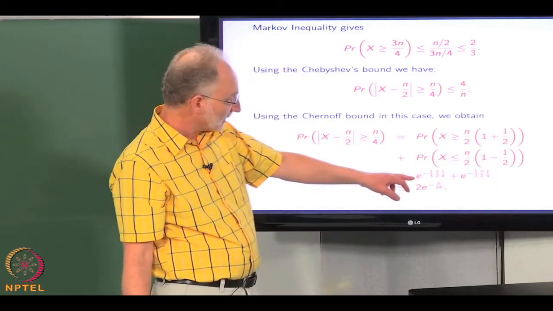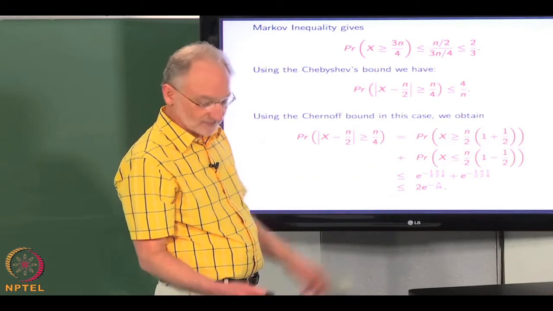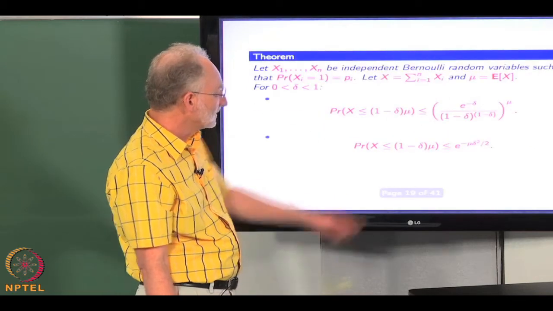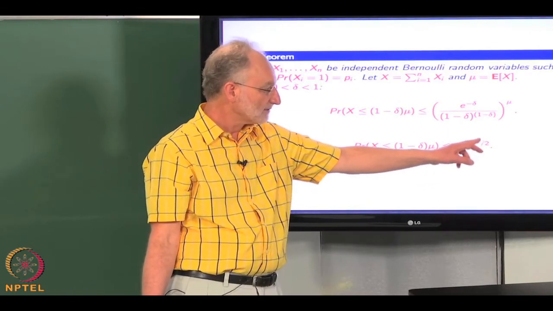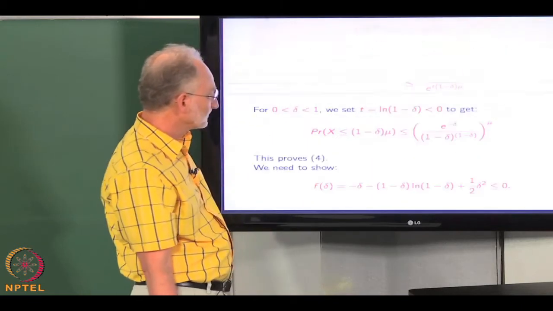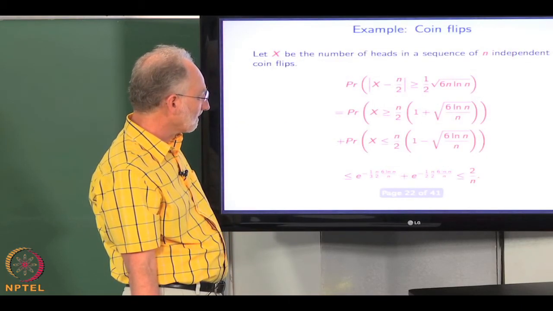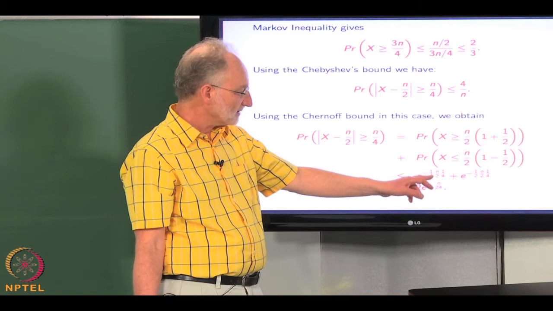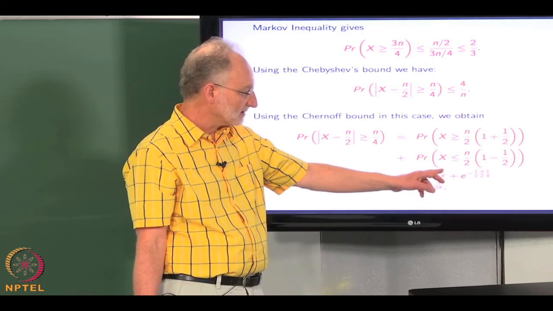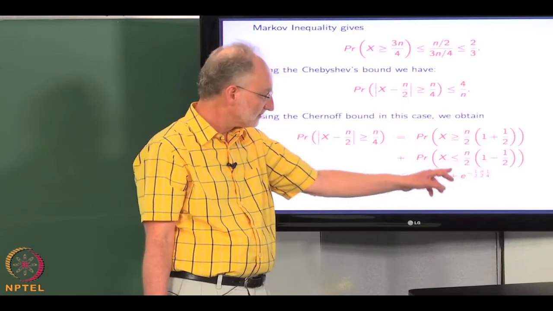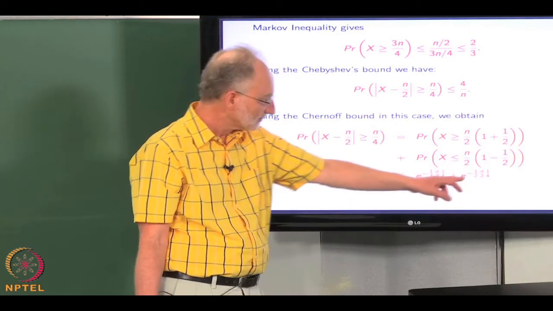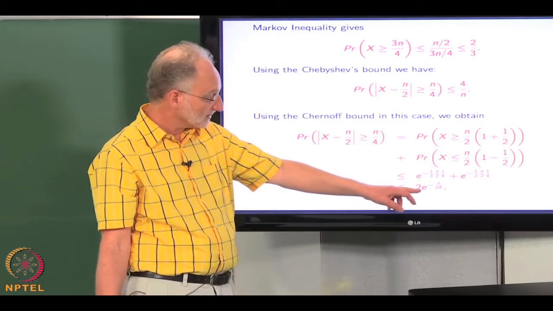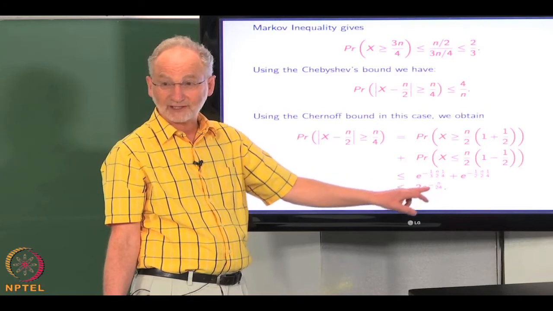Now we plug it in, and remember that the bound we proved is in terms of the expectation times the deviation squared. The expectation here is n over 2. The deviation is half, so it's a quarter here. Then we have some coefficient here. And what we get is a bound that goes down to 0 exponentially in n.